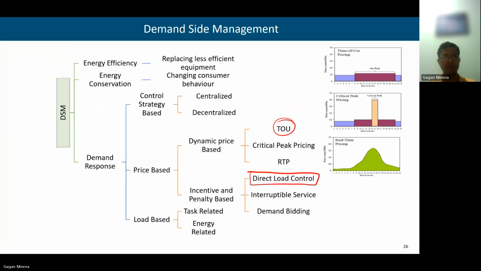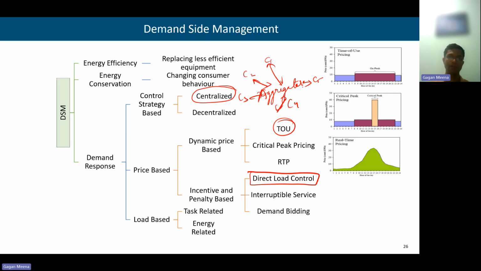Okay, one is centralized and the other is decentralized. In centralized, each and every consumer will coordinate with the aggregator, each of them talking to the aggregator individually.